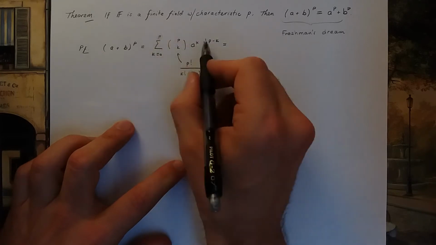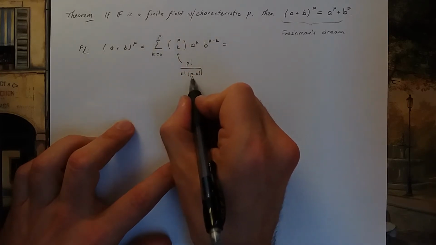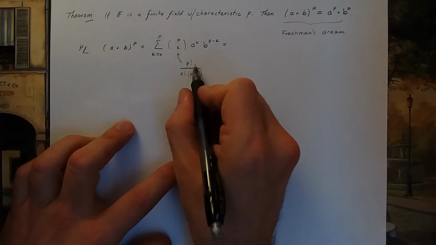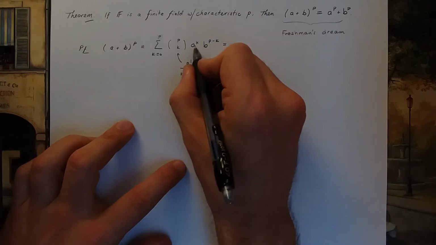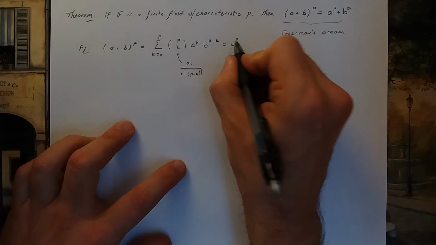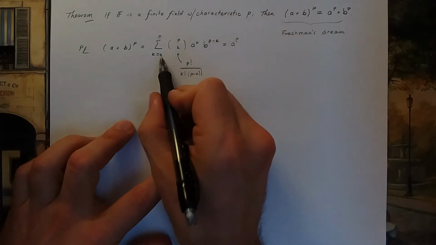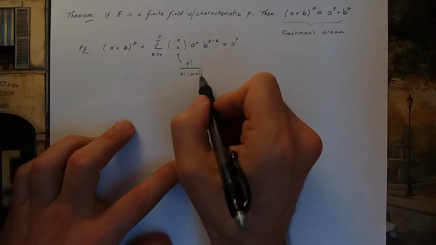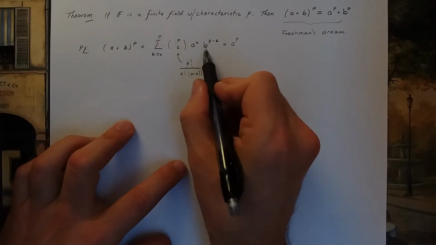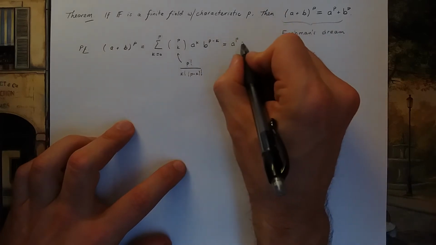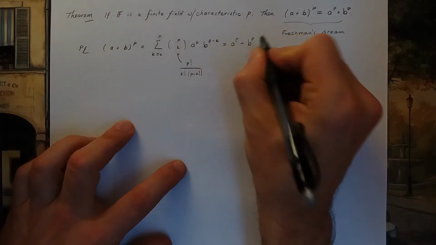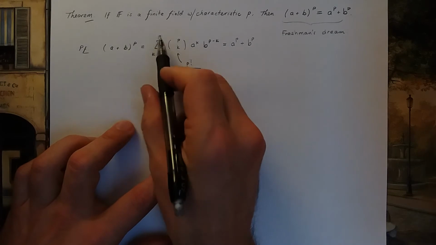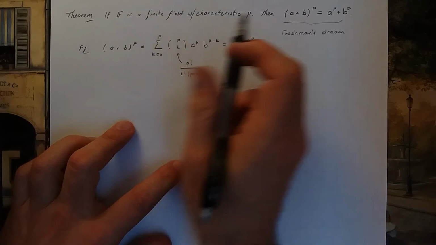If k is equal to p, then this is 1, and in that case I get a^p. If k is equal to 0, I get this equaling 1 again, and I simply get b^p. So that's the case when k is either extreme, p or 0.